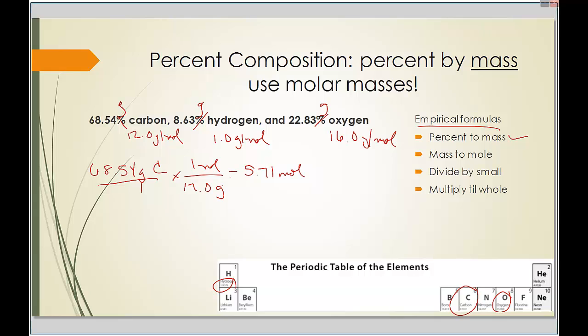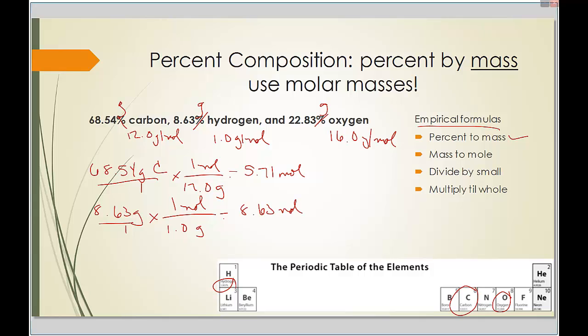The next one is hydrogen, 8.63 grams over 1. The molar mass of hydrogen is 1.0 grams per mole. That comes out to be 8.63 moles of hydrogen.